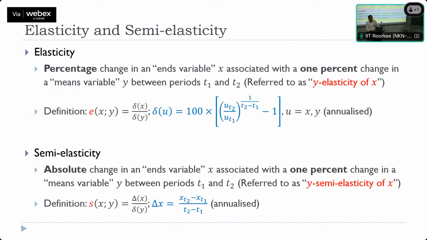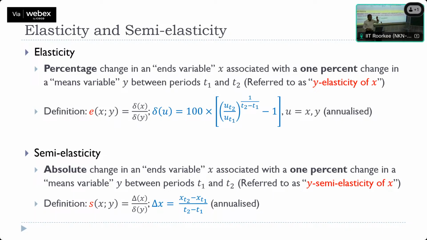So the main utility: if you do percentage change in a variable, say X, associated with 1% change in a variable Y between two periods, this is called Y elasticity of X. And how do you compute it? We are going to denote it by E. Both are relative changes. And this is how you compound changes between two periods. It is not just an average change, it's a compound change.